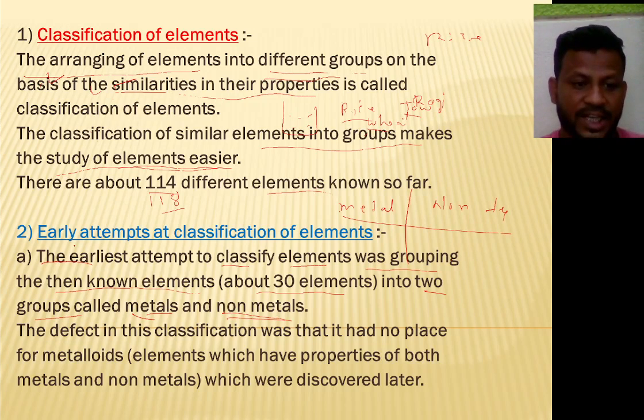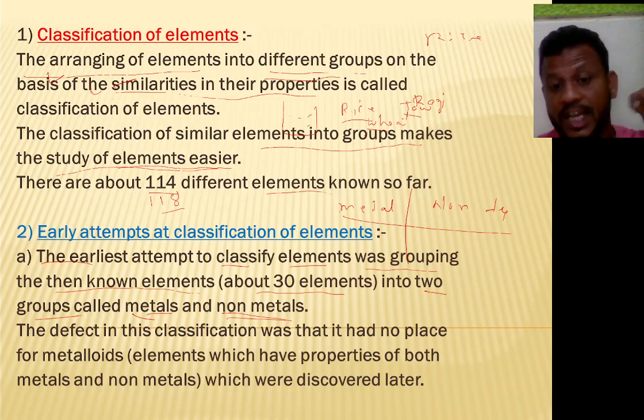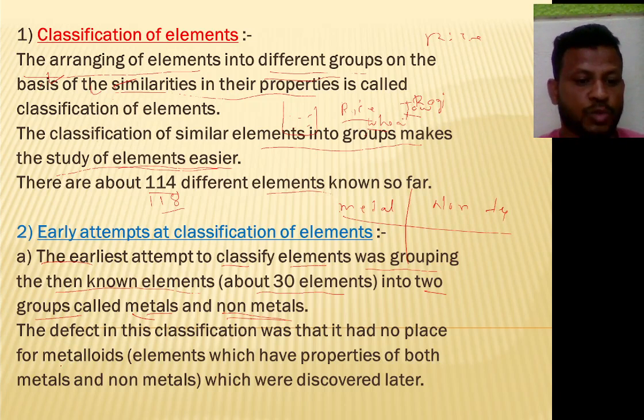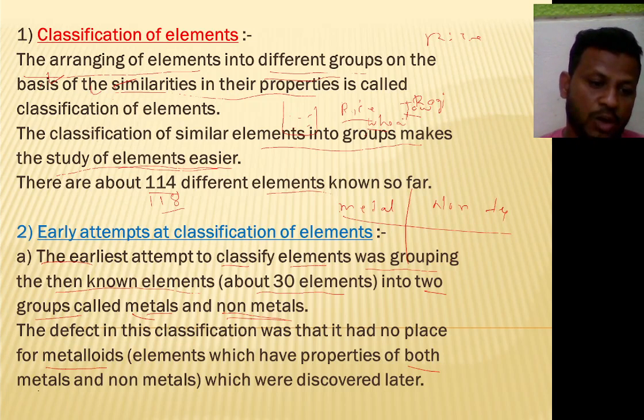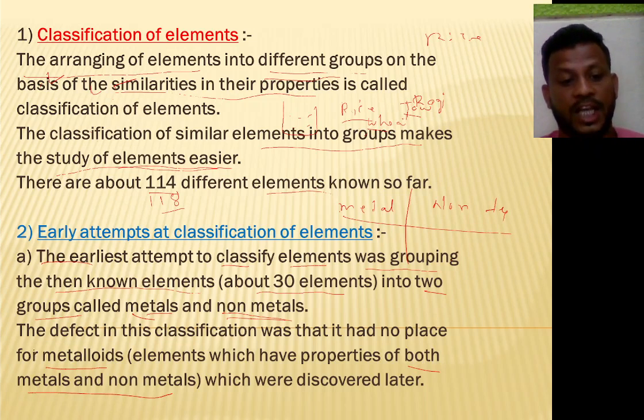Further, this classification went wrong, because some elements show the properties of metalloids. It means these elements have the properties of both metals and non-metals. Remember that. They are known as metalloids.